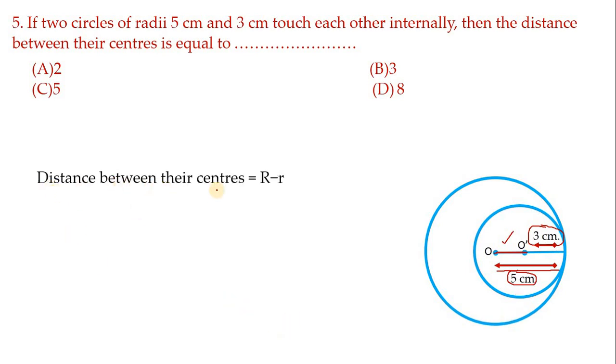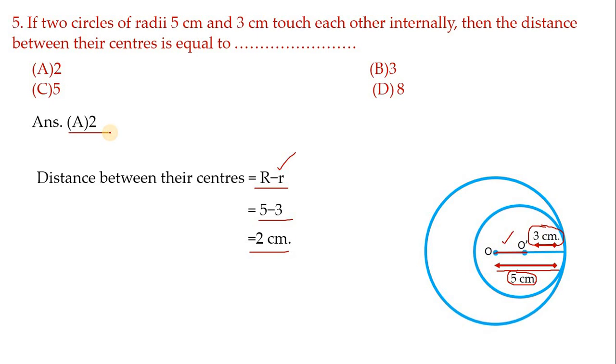I mean, from capital R you have to subtract small r. Capital R indicates the greater circle radius, small r indicates the smaller circle radius. So 5 minus 3 gives 2 centimeter. Hence the correct option is A.